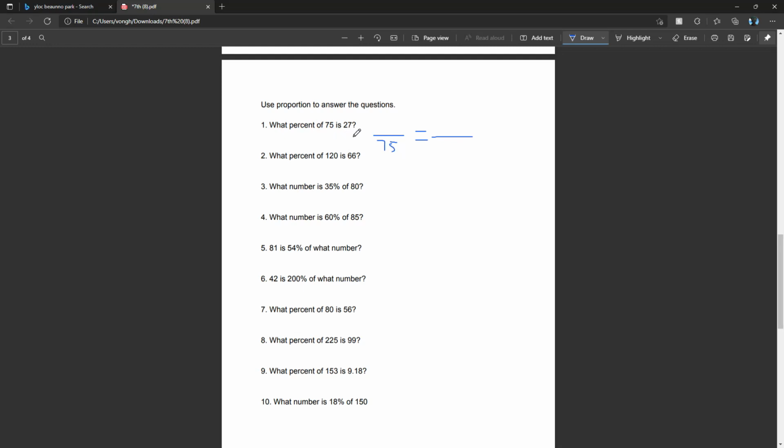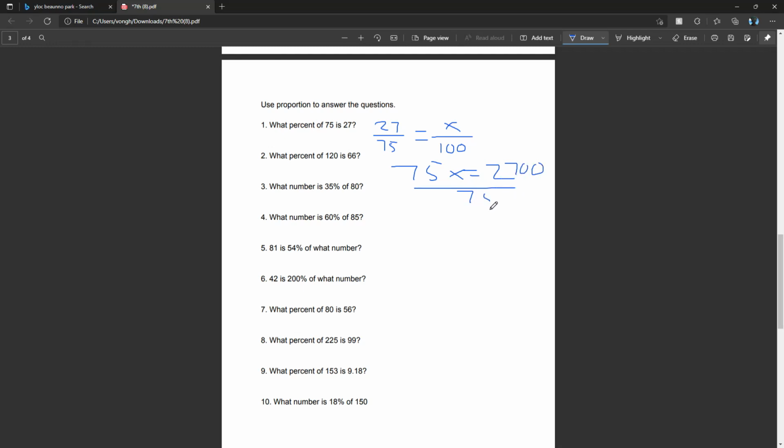And then the is will always go on top of the fraction on the left, so it'll be on this side. And for the number here, it will be the percent, which we'll call X, and we'll put it over 100. You always put it over 100 because it's a percent, like that. So then now all you have to do is cross multiply, so you get 75x equals 2700, like that.